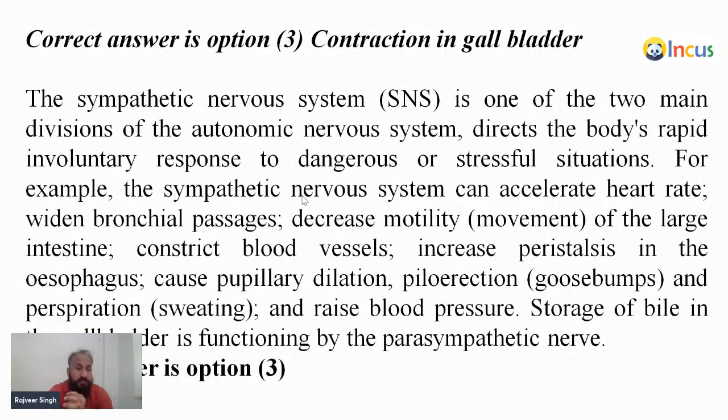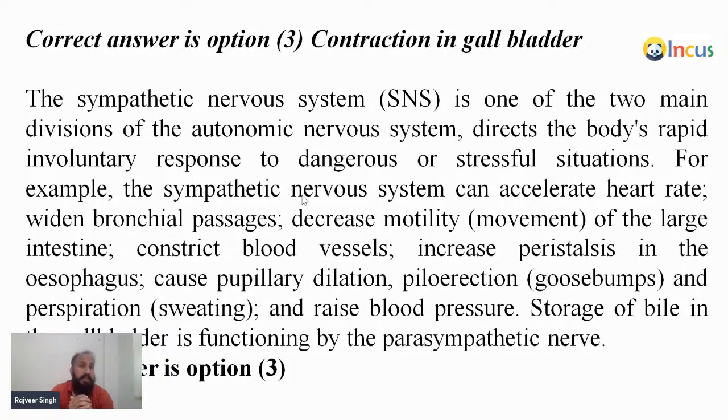Why? Because the sympathetic nervous system, SNS, is one of the two main divisions of the autonomic nervous system, directing the body's rapid involuntary response to dangerous or stressful situations.